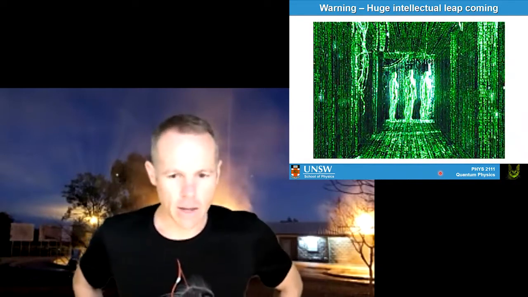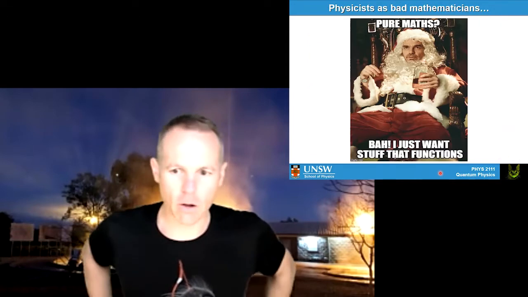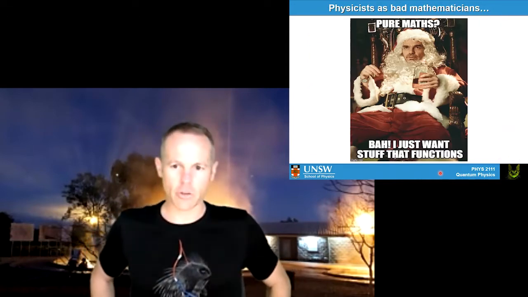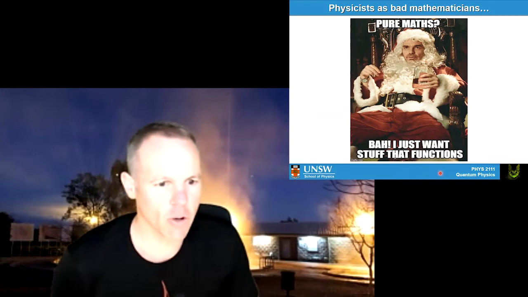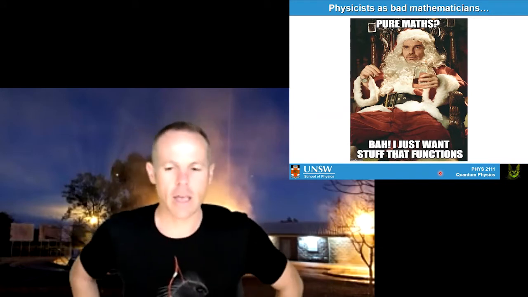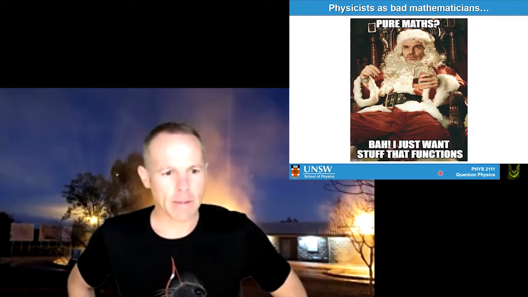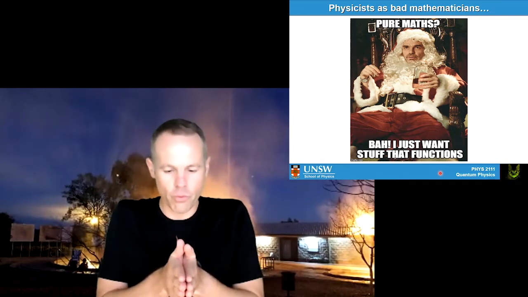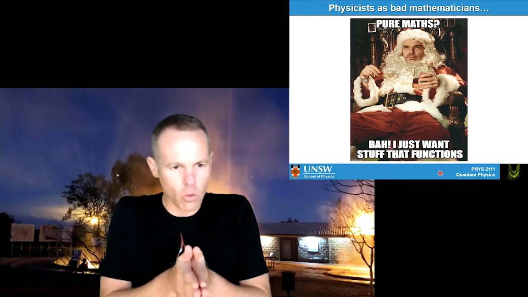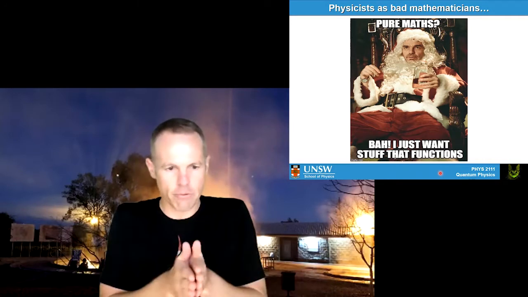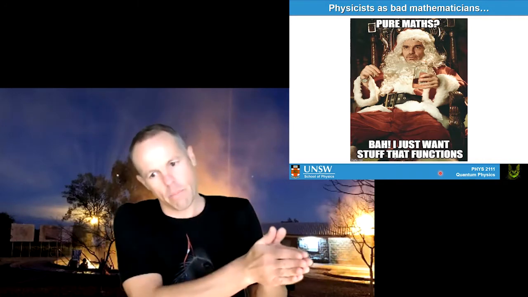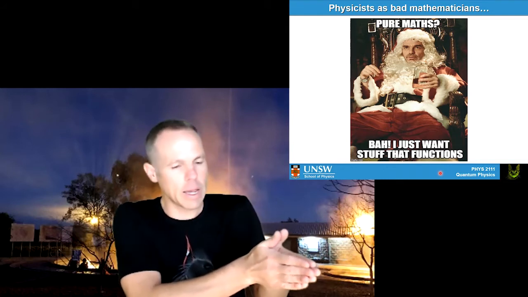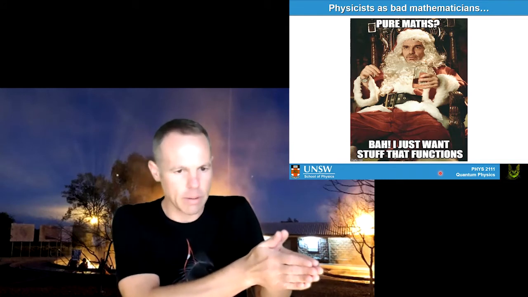So where I need to start is with something that I often like to point out to undergraduate students, which is that physicists are often just bad mathematicians. What I mean is that we come through as undergraduates and learn all the frameworks of mathematics in very detailed ways. Most physics undergraduates will take a minor or a second major in maths.